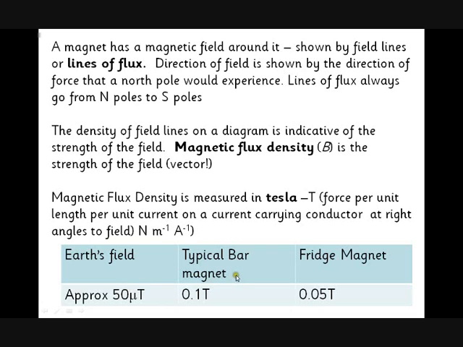A typical bar magnet you'd use in the lab is about 0.1 Tesla, and a fridge magnet at home maybe about 0.05 Tesla. So you don't very often come across magnetic fields that are more than 1 Tesla. Your typical bar magnet is about all you get normally in the lab.